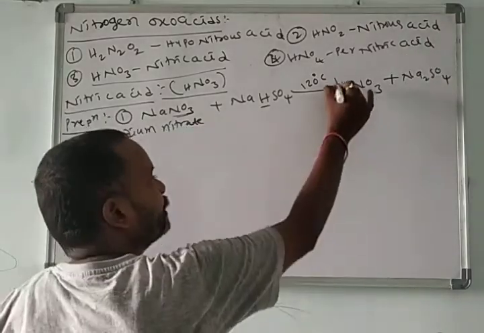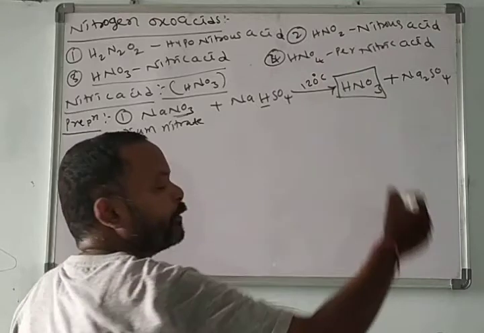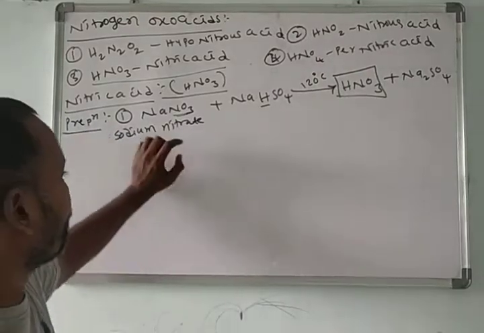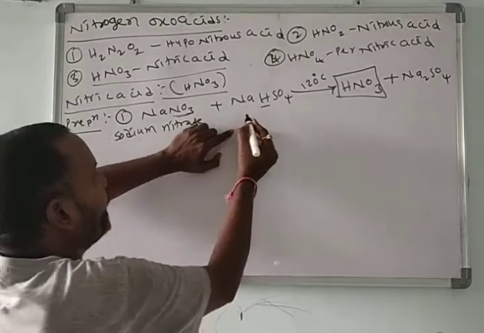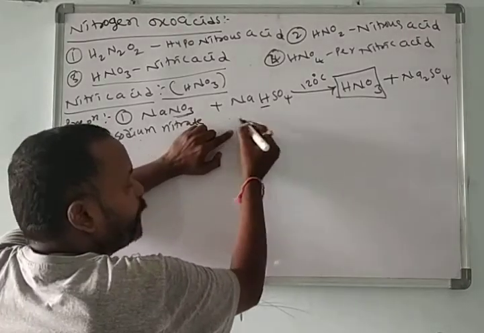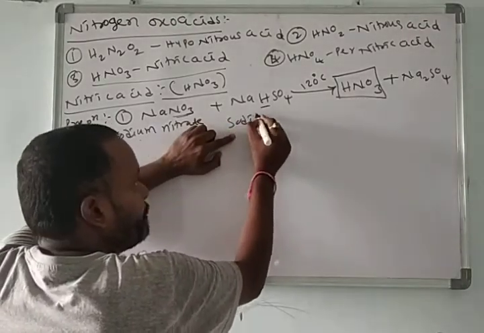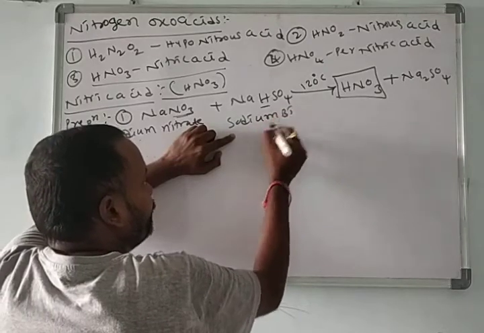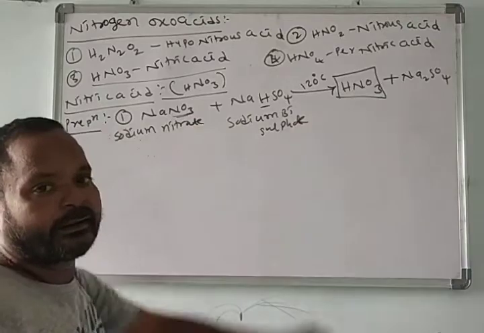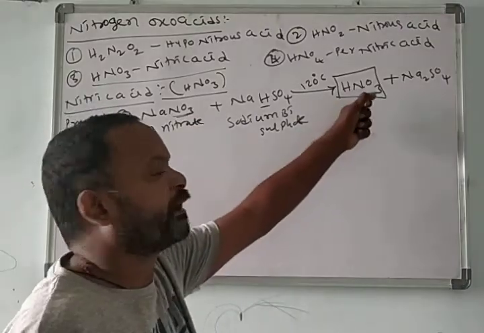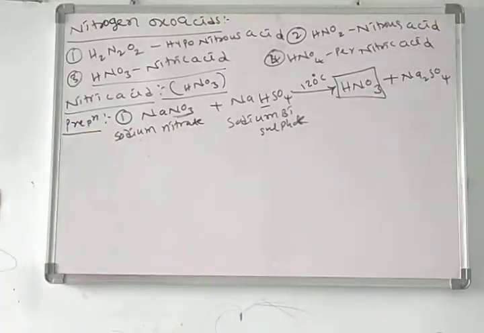Here we got the nitric acid. How is nitric acid prepared? By the reaction between sodium nitrate and sodium hydrogen sulfate, or sodium bisulfate.